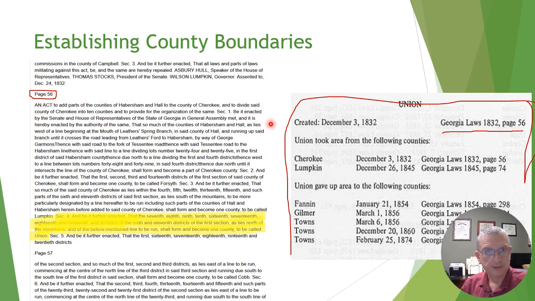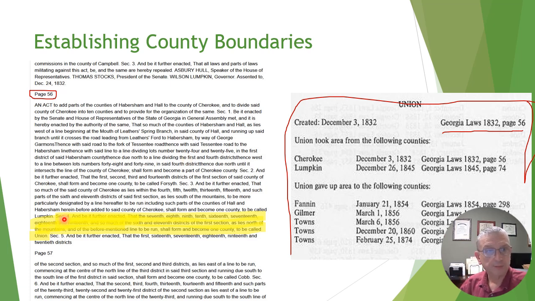All the acts that they did, not necessarily in that day, but on page 56, they established several county boundaries that day. This must have been the original county day at the legislature.